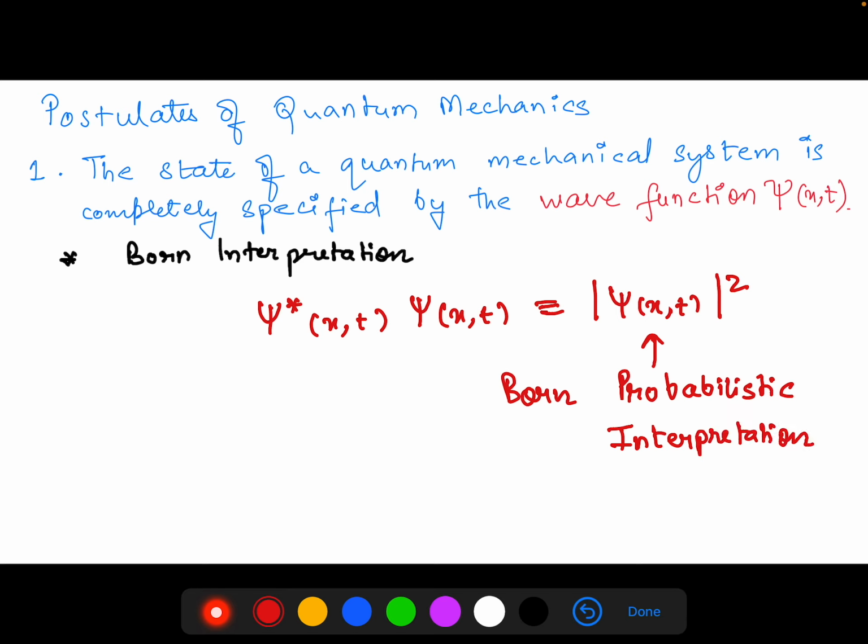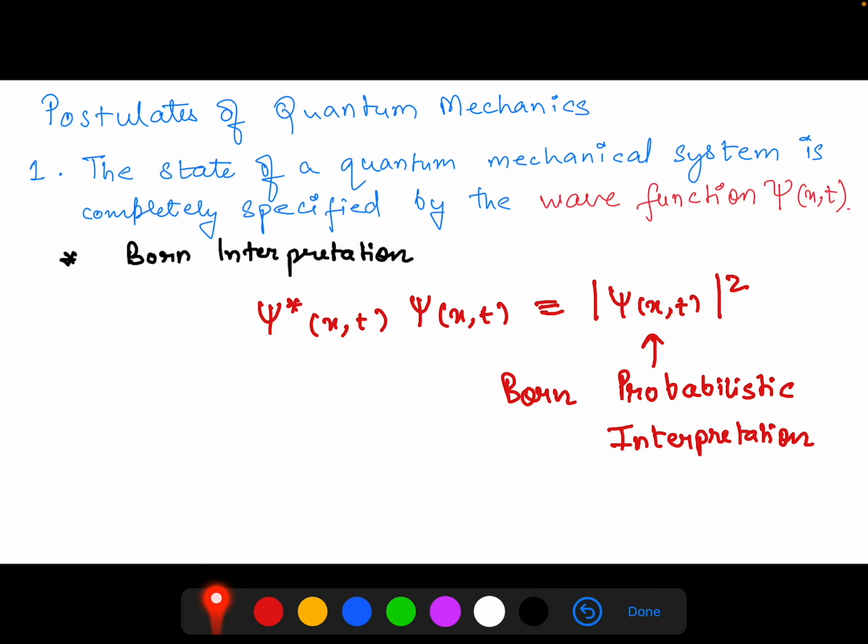This says that the wave function, which contains all the information, although it itself does not have a physical meaning, when psi star is multiplied with psi, gives me the mod square of the wave function psi. This will give me the answer to my question: the probability of finding the system at a particular value of x and a particular value of time t.